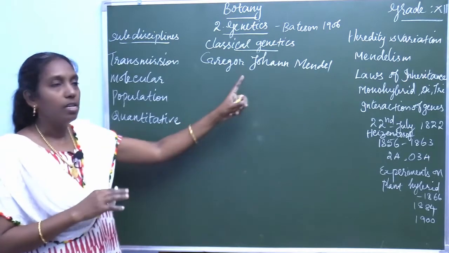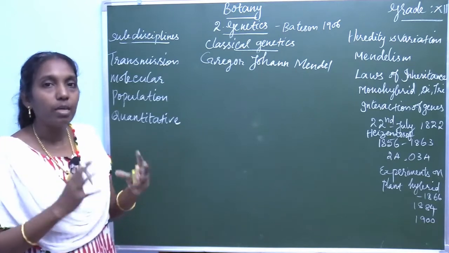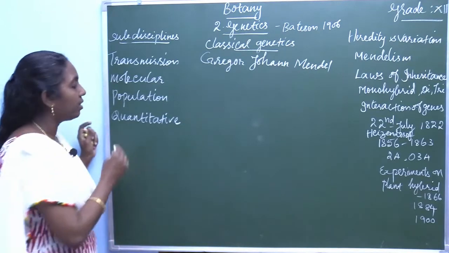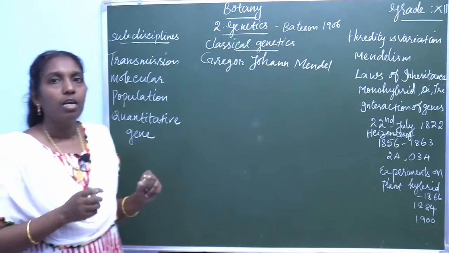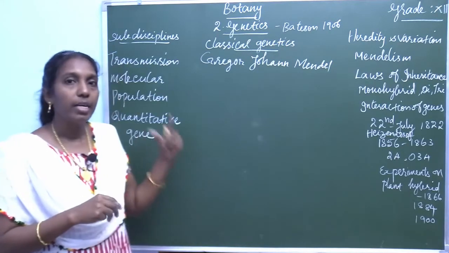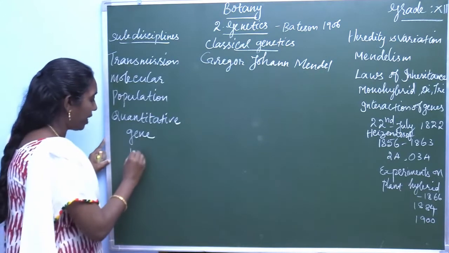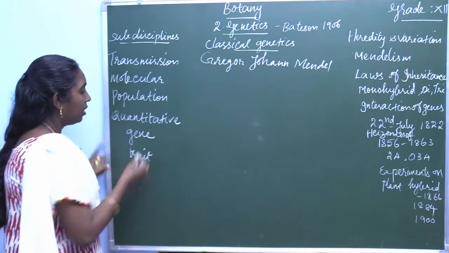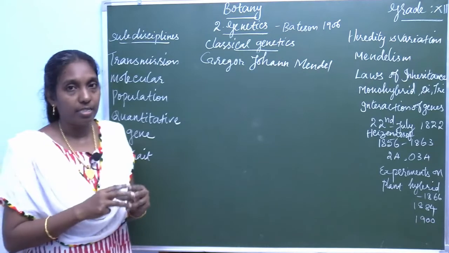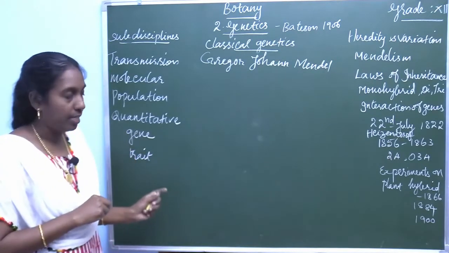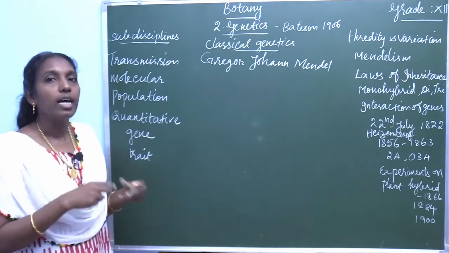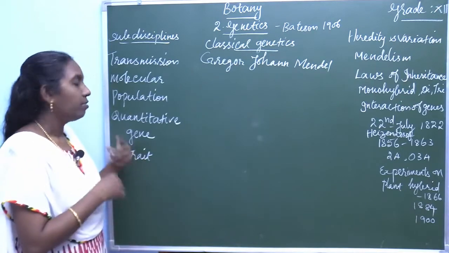And Mendel used a number of technical terms. He used the word gene. Now it is called gene, but he named it as trait. The trait is the character which is determined in the form of alleles, or genes.